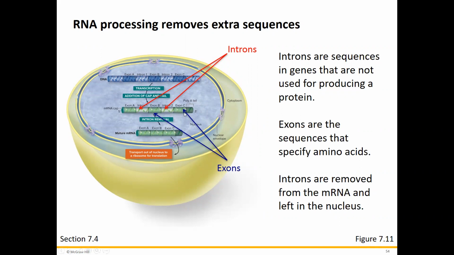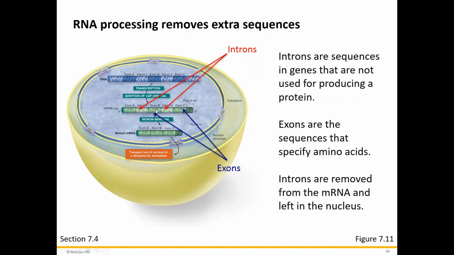But for this gene, you see intron 1 and intron 2 identified. These are the introns that the cell has identified that will not be used for producing a protein. Exons are the sequences that will specify for the protein.